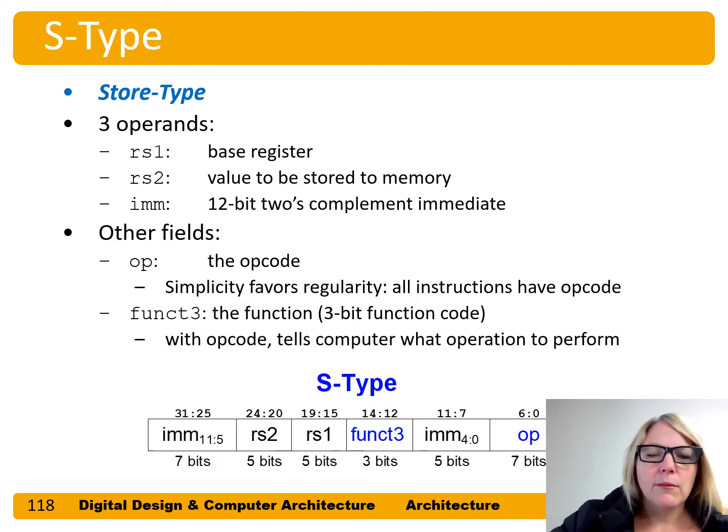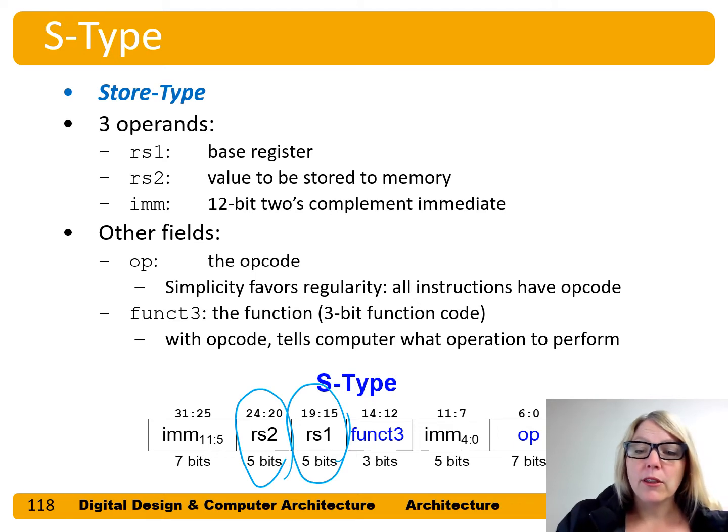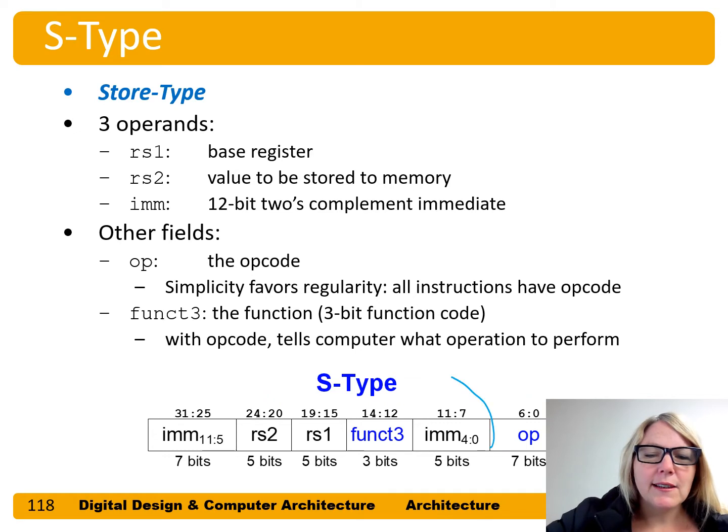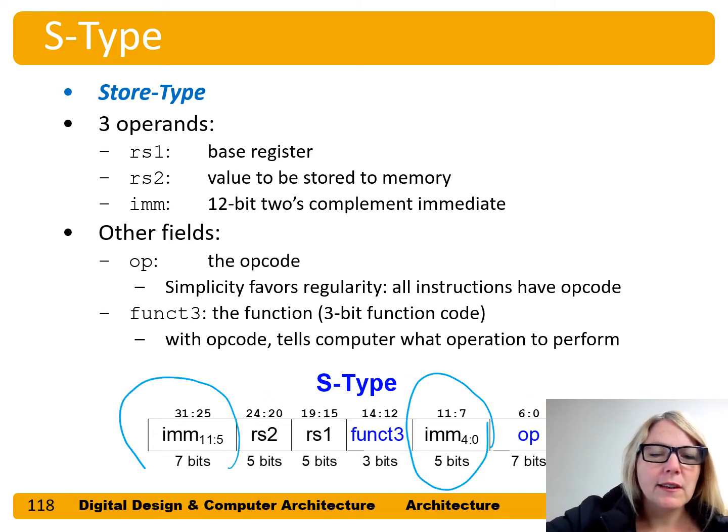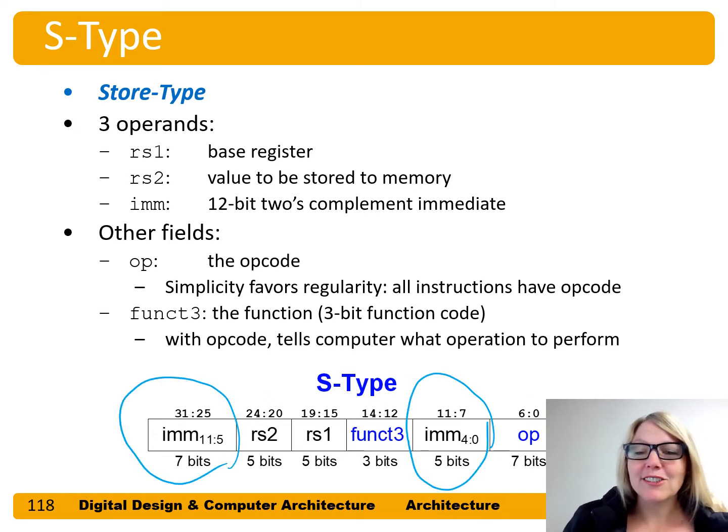RS1 and RS2 are in the same location as in other instructions that include those fields. And our opcode and funct3 fields are in the same bit locations of the instruction as other instructions that have those fields. And then the immediate is split between 2 locations in the instruction, in the high bits and then in bits 11 to 7 of the instruction.